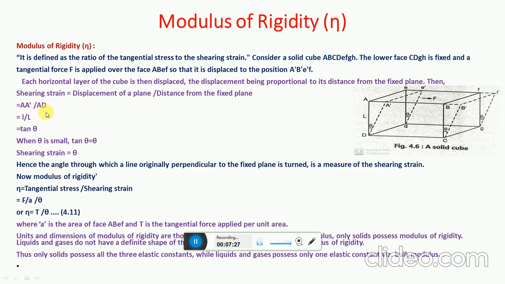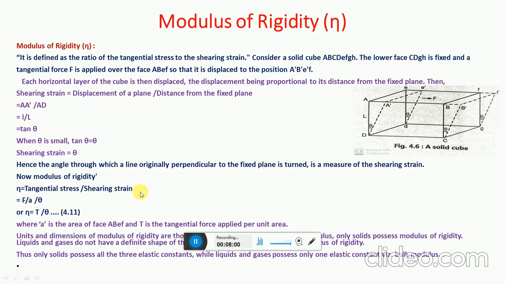From the diagram, AA' upon AD, where AA' is equal to small l and AD is equal to the original length L, according to trigonometry, is equal to tan theta. When theta is small, we know that tan theta can be approximated as theta, and therefore shearing strain is equal to theta.